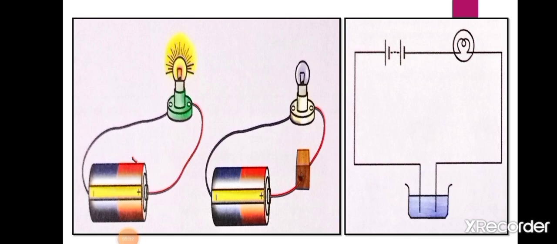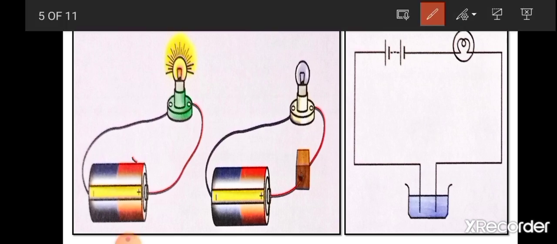Now students, here two activities are given. In the first one, we are having an electric cell, conducting wires, an electric bulb and a wooden block. And here we have to test whether wood is an insulator or a conductor. So first of all, we will arrange it like an electric circuit.